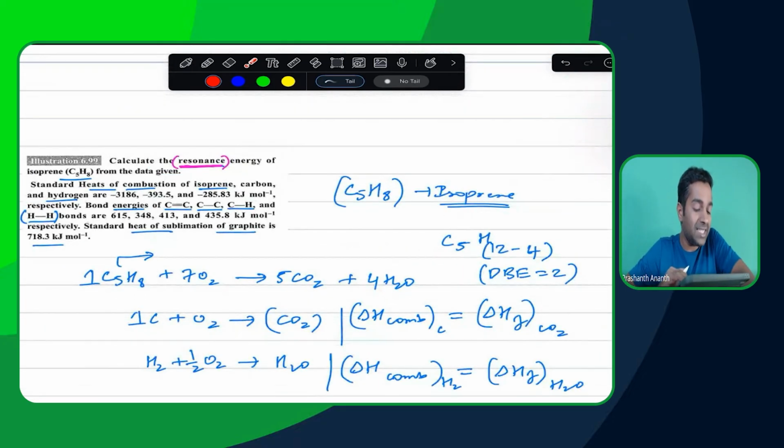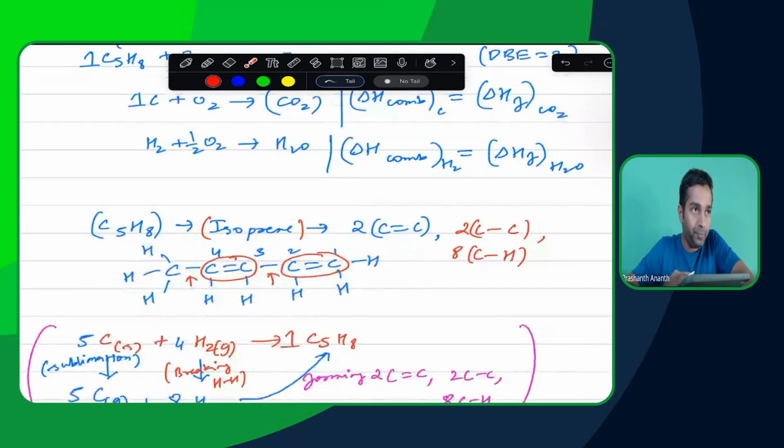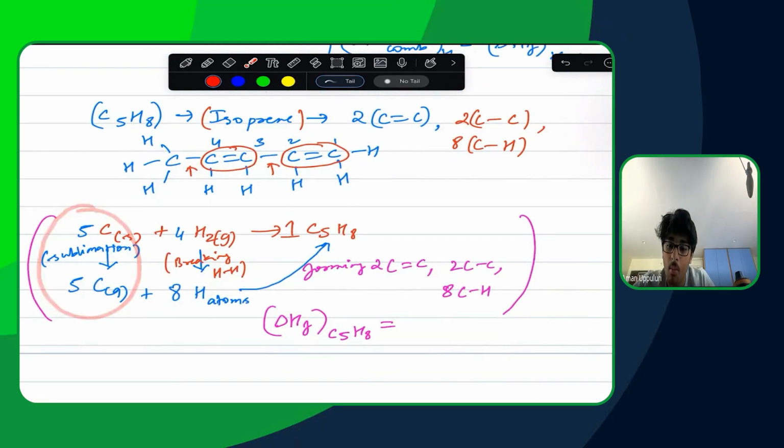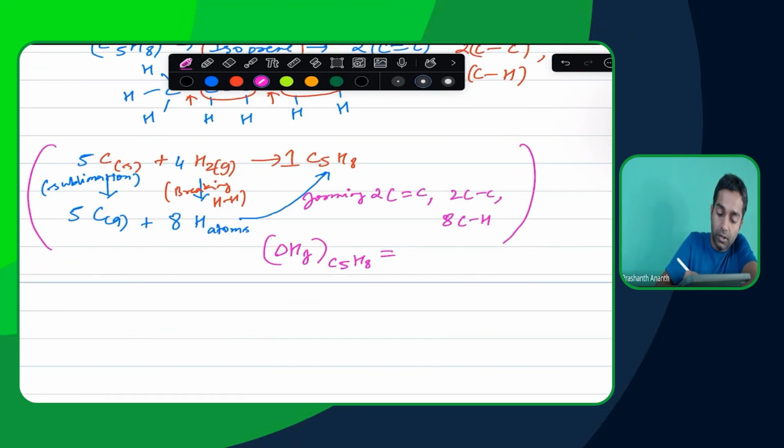Sublimation of graphite is given as 718.3, so this is 5 times 718.3. So let's put down the numbers. Delta H formation of C5H8 is going to be 5 into 718.3.